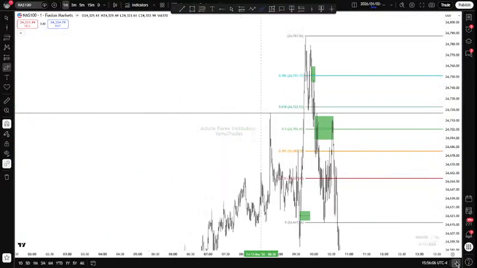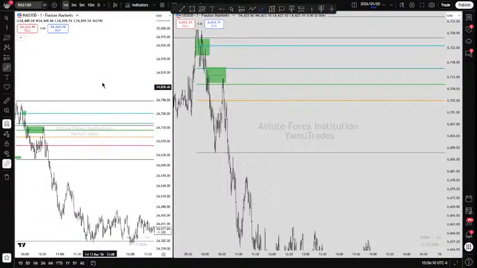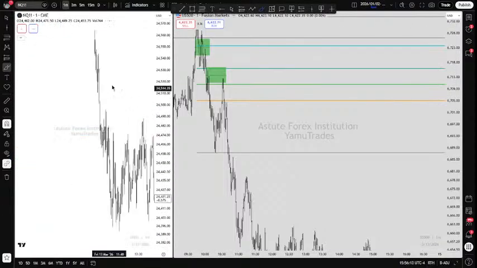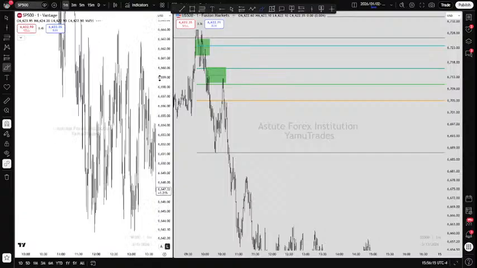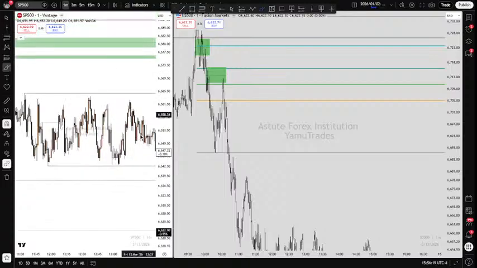And okay, let me show you now, quick, how I actually take trades on Nasdaq using S&P as a divergence, right? Okay, I'm trying to locate this thing.